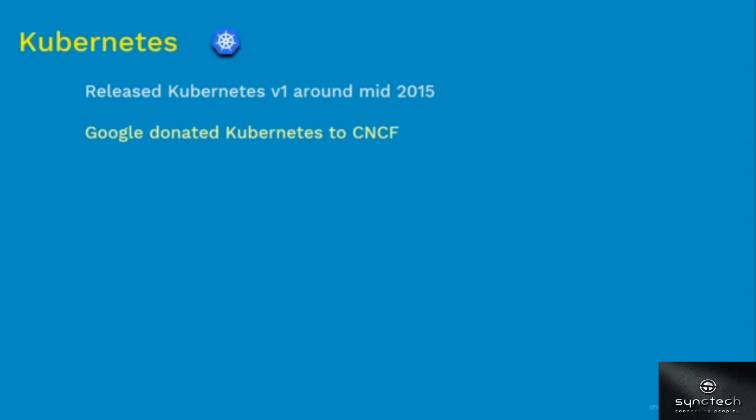CNCF offers the official certification in Kubernetes. Since then, Kubernetes has been governed by CNCF and gained support from major players in the industry. As of this recording, the latest stable release of Kubernetes is 1.11.3, released on September 9th, 2018.